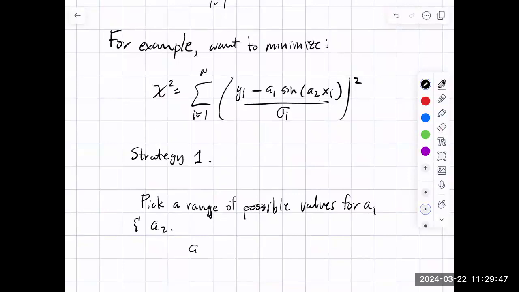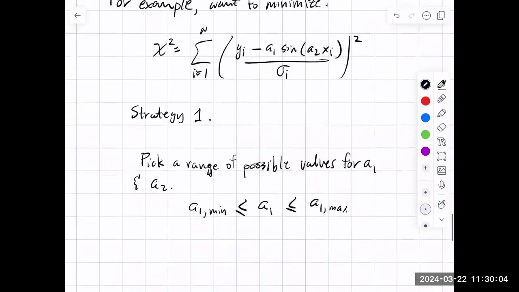So we would have an A1 minimum and what we would consider an A1 maximum, and we pick some values for A1 that lie between the minimum and maximum. And we do the same thing for A2. I think we're not really doing anything even that sophisticated. We're just going to plug some numbers in and find where chi squared is as small as possible.